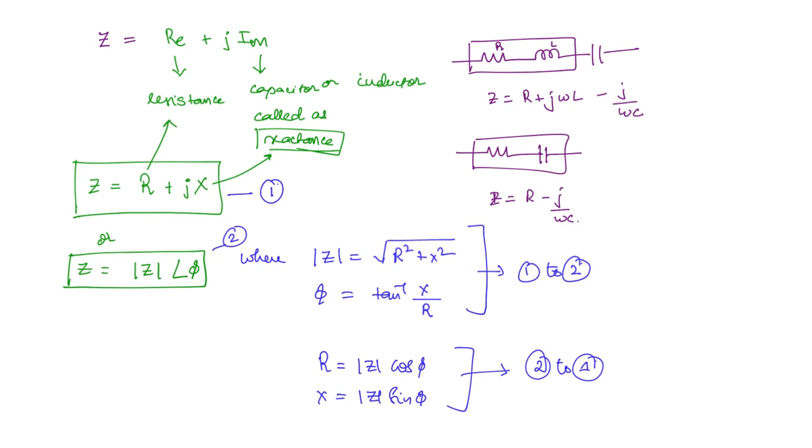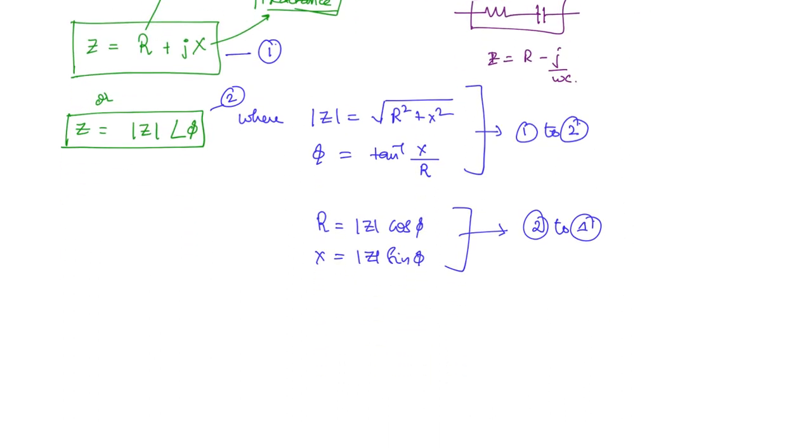In order to visually represent this, we often make use of the impedance triangle. The impedance triangle is a right angle triangle whose base is the resistance R, whose height is the reactance X, and the hypotenuse is the magnitude of the impedance. Then what is this angle here? This will be φ. Now the reactance X you can also write as the inductive reactance minus capacitive reactance.